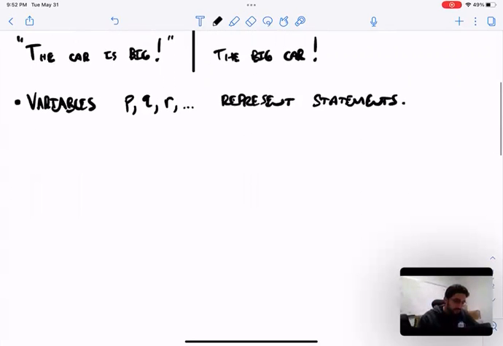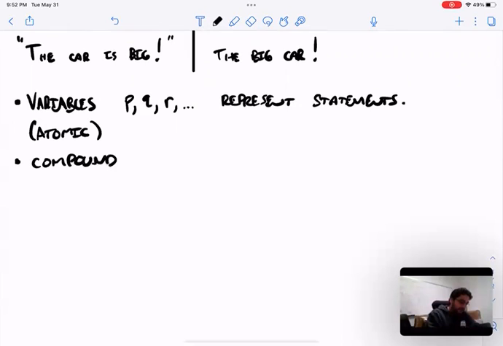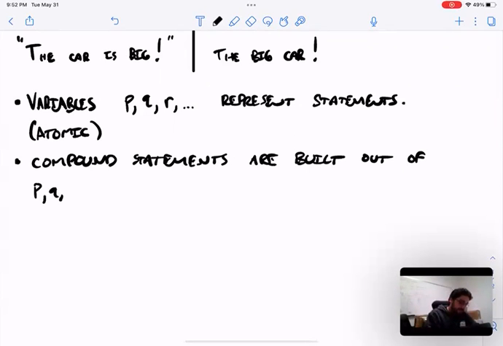We sometimes call them atomic statements, P, Q, R, meaning it's just a statement. And then we assemble them to form more complex statements or compound statements. Compound statements are built out of atomic statements, say P, Q, R, etc., and logical operators.